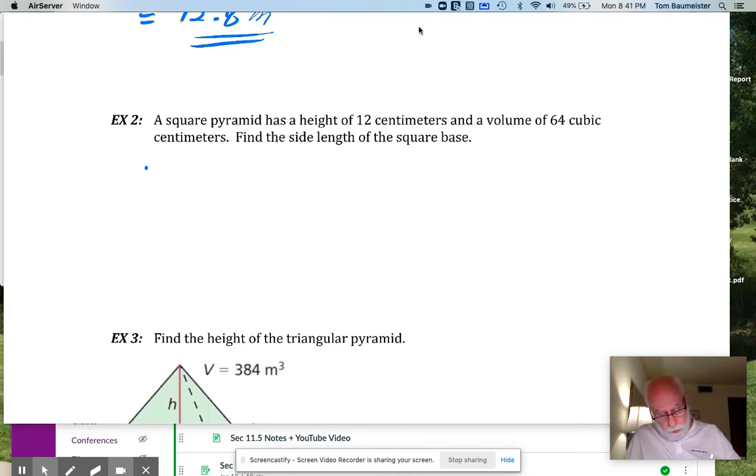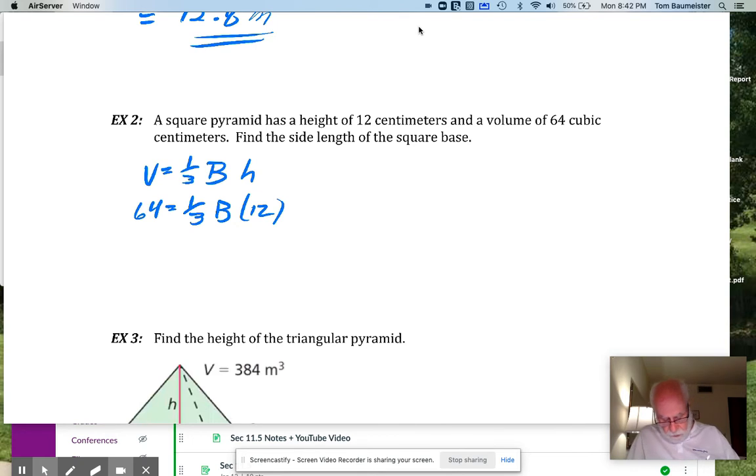I'm going to use the formula V equals 1/3 capital B, the area of the base, times the height. On this one, I have 64 equals 1/3 times the base, which I don't know, times the height, which is 12.